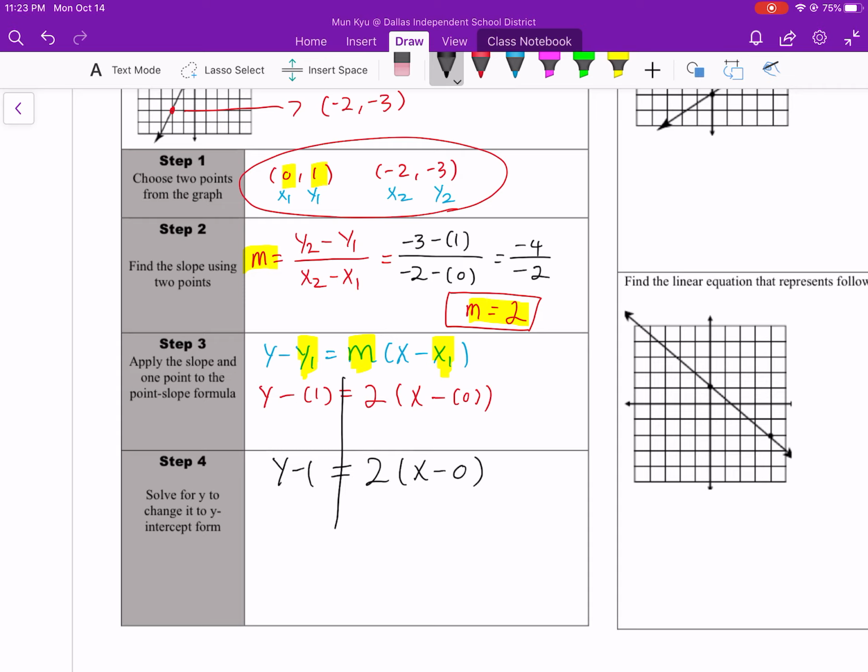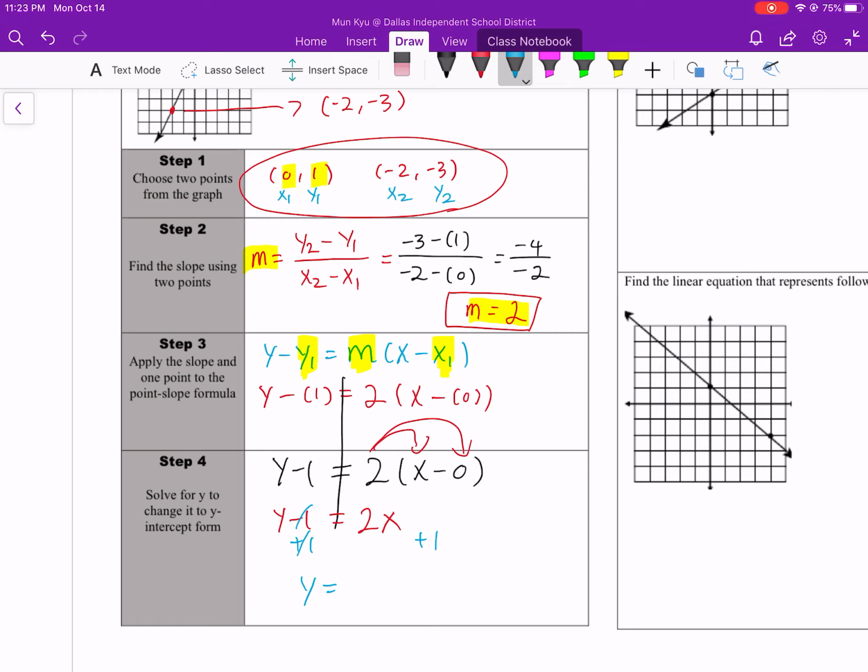And nothing changes. Let's distribute. 2 times x is going to be 2x. And 2 times -0 is just 0, so we don't have to write anything. At last, we have to do +1 on both sides. So we get y equals.